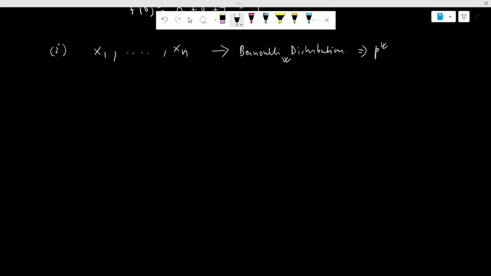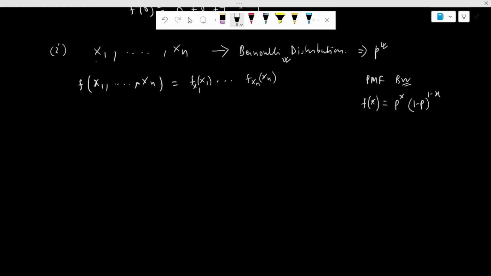That is why we have a probability mass function. So let us create the joint probability mass function. This is our likelihood function. And as they are independent random variables, we can write it as the product of their individual probability mass functions. So this is our probability mass function for a Bernoulli random variable, and let us check: what is the probability of success?